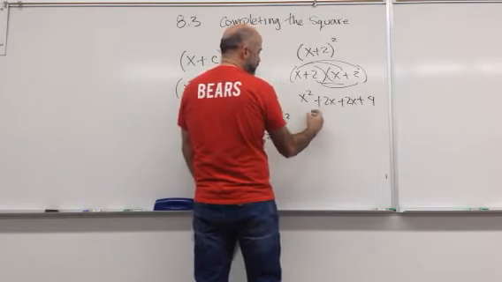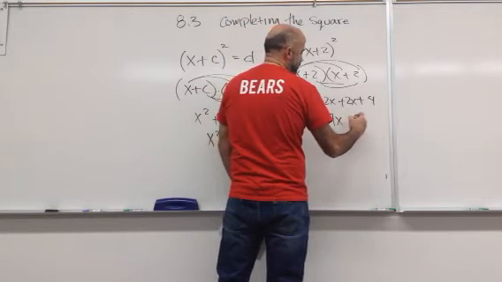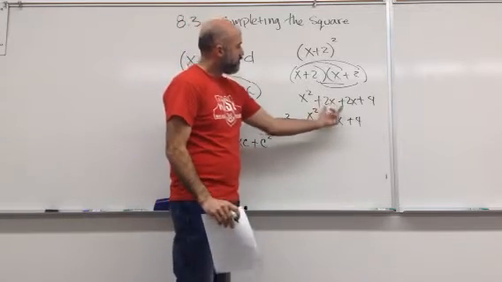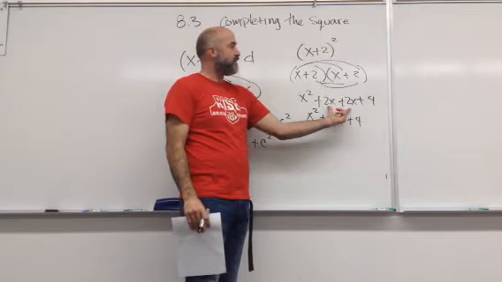Adding the two like terms, x squared plus 4x plus 4. So this works out because of the two terms that are always going to be like terms when you add these together.